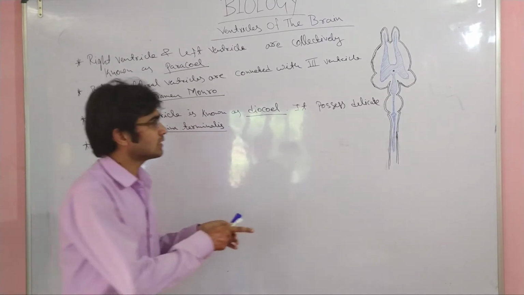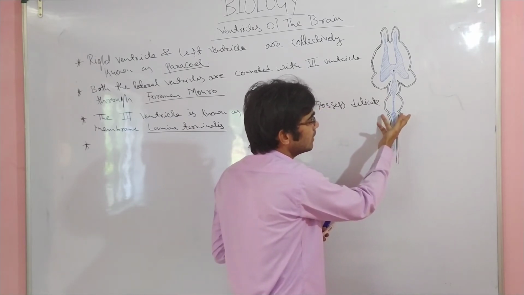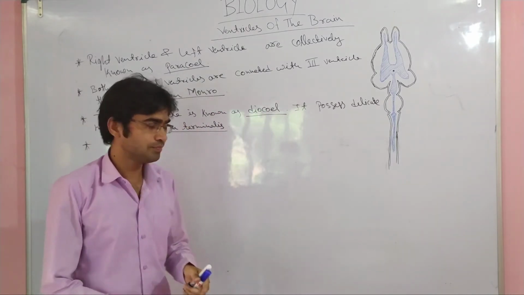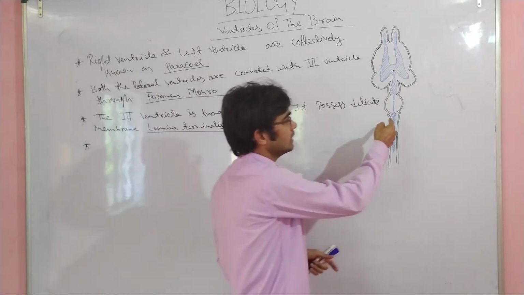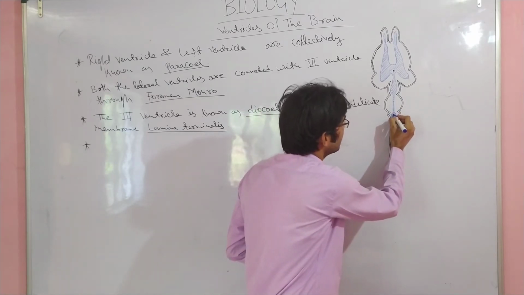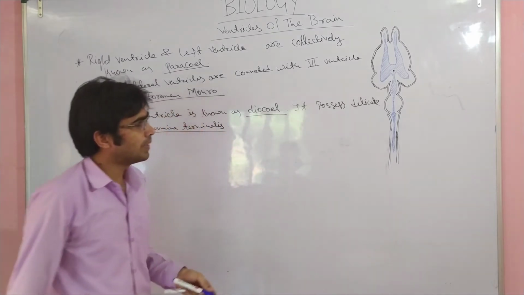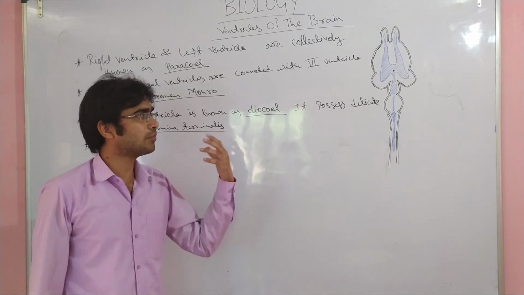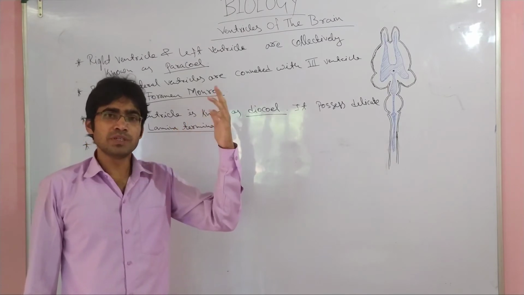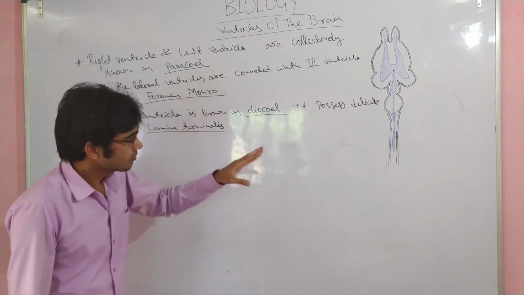Two lateral openings, lateral means side, maybe left and right, are known as foramen of Luschka, and one median opening is known as foramen of Magendie. So it has three openings. This allows the movement of cerebrospinal fluid into the subarachnoid space in the brain and spinal cord.